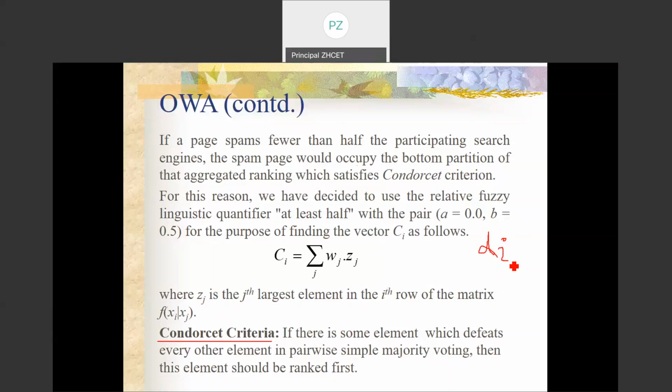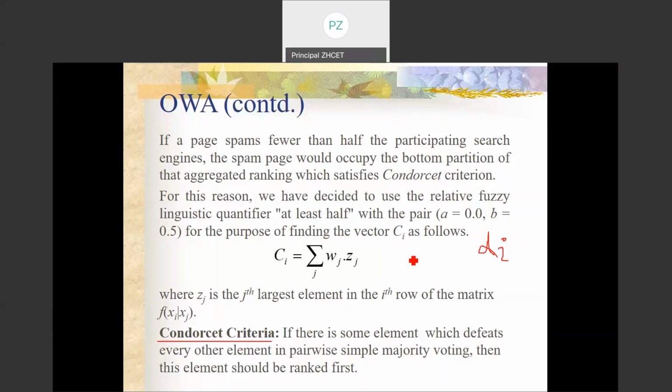There are at least 3 lists in which DI is better than D2, there are at least 3 lists in which DI is better than D3 and so on, then this DI should be ranked first.